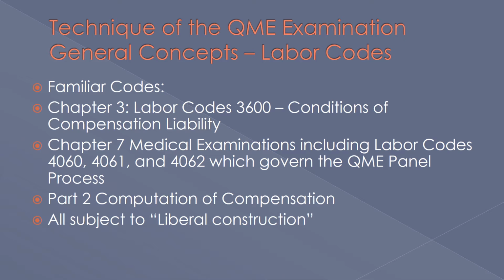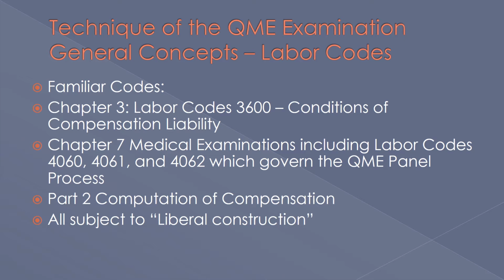In other words, any gray areas, any questions of doubt, any unresolved issues, in general, should be resolved in favor of the injured worker, unless there is good cause to opine differently. Let me say that again. Anytime there is a tie at first base in baseball, the tie goes to the runner.